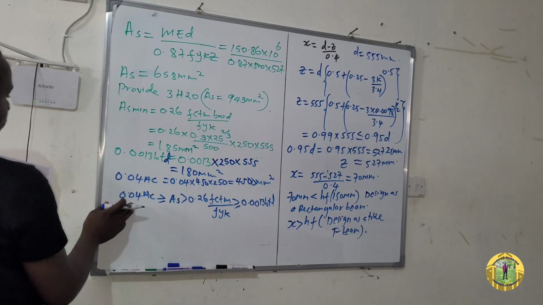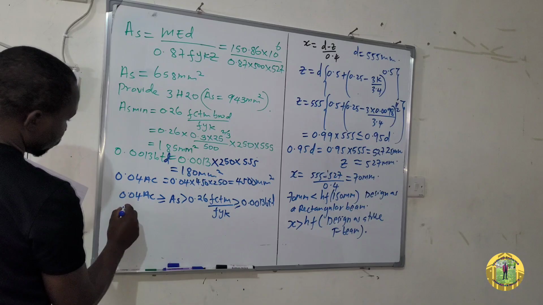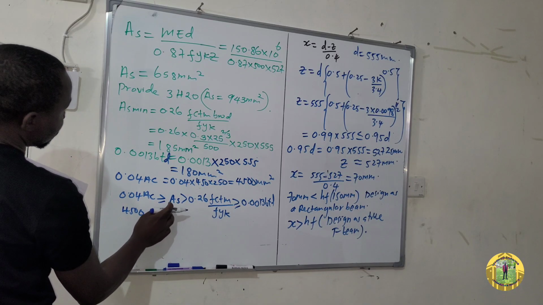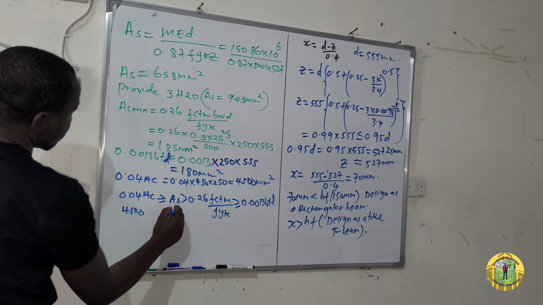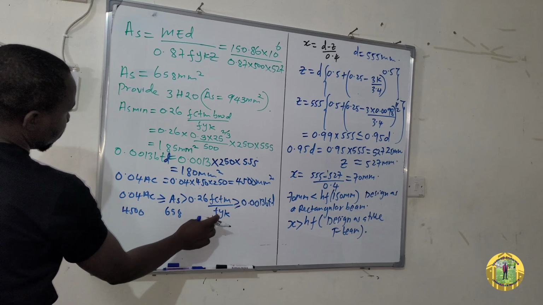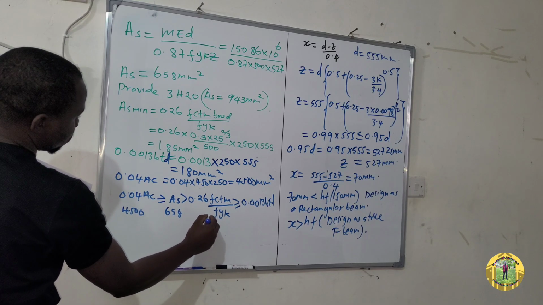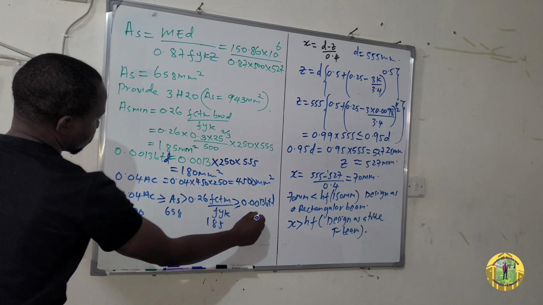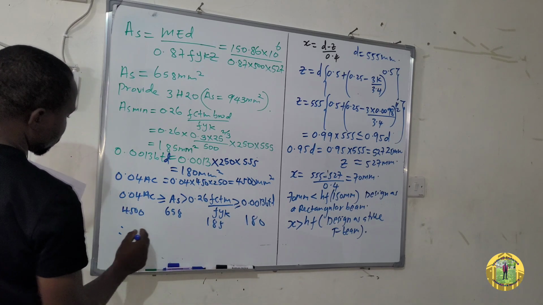As you can see, this one is 4500 and area of steel is 658. Here is 185 and here is 180. Therefore, okay.